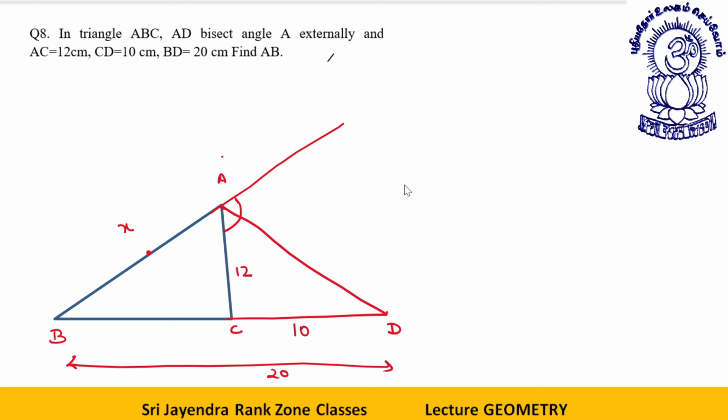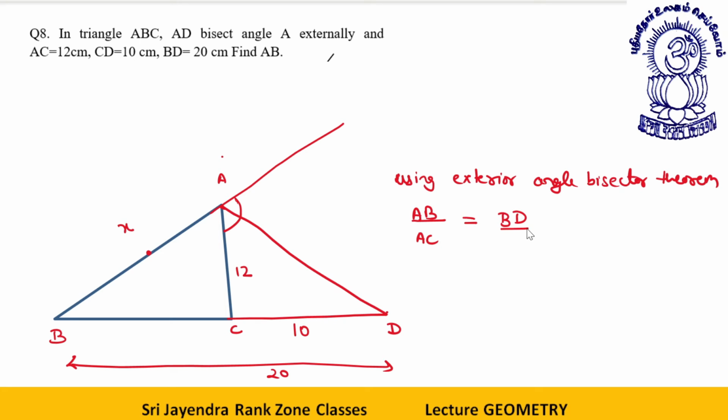Now, as per the angle, using exterior angle bisector theorem, what will happen? Look, AB by AC is equal to BD by CD.